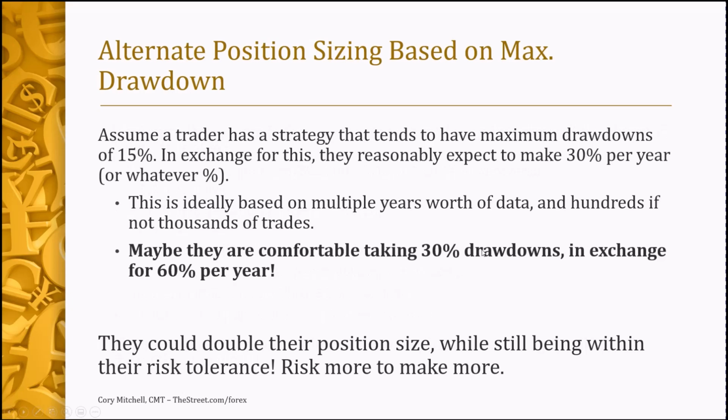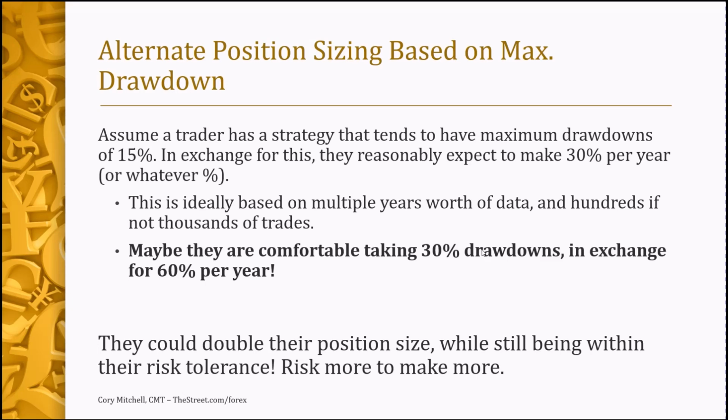So assume a trader has a strategy that has a maximum drawdown of 15%. They've been trading this strategy, or maybe they've extensively backtested it over several years, and they find the strategy has a 15% drawdown, and in exchange, it tends to produce 30% a year, or whatever percent.